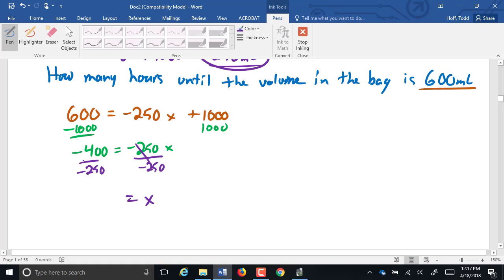So x equals, a negative divided by a negative is a positive. And what do we have there? 8 over 5. So it's a positive 1.6. So 1.6 hours until that bag reaches 600 milliliters.